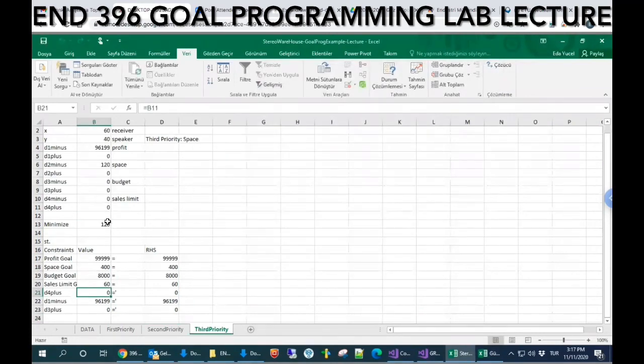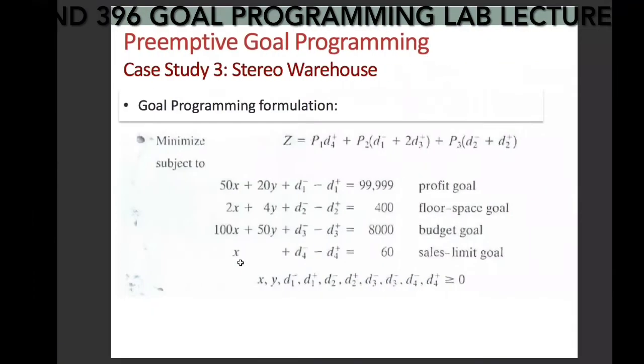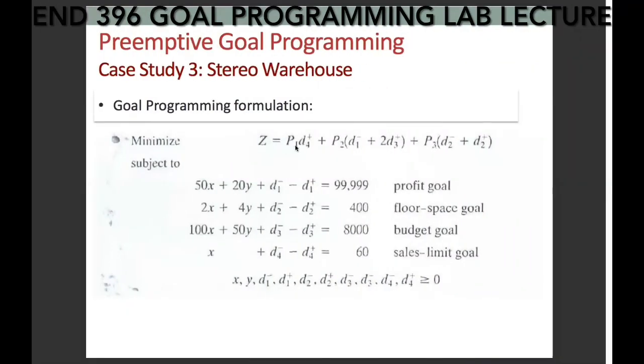Okay, this is the optimal solution for the third priority goal programming model. That means we have a space utilization which is 120 less than the current available space. We can also solve this problem by using non-preemptive goal programming formulation. However, we require the values for P1, P2, and P3.